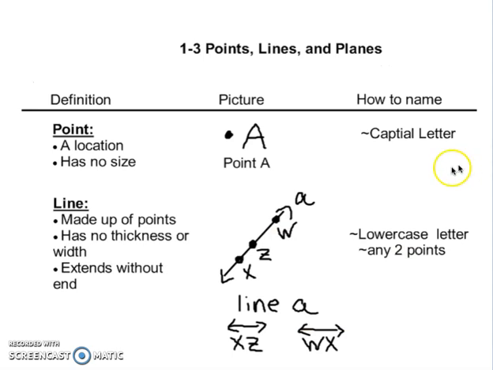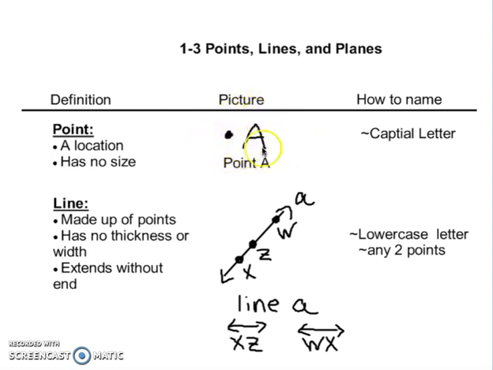All right, now that we've spent time doing that and discussed the warm-up, here's the first part of our notes. For this section, we're going to go through the definition, the picture, and how to name each one. So a point, the term point, would be represented by a capital letter, such as this.